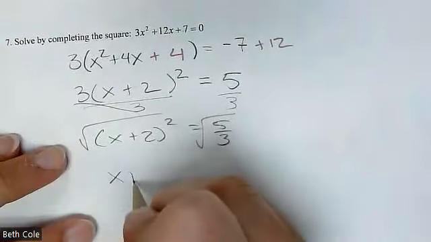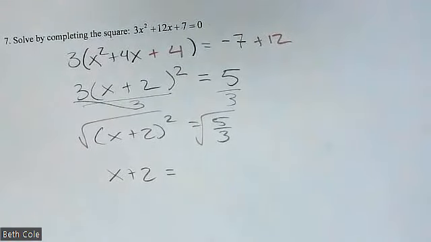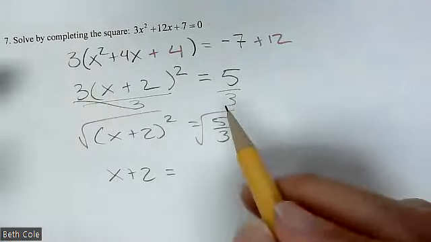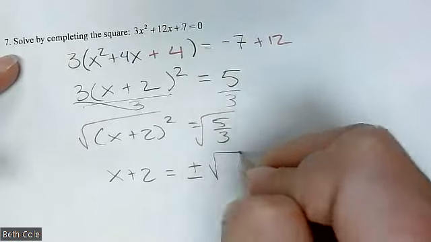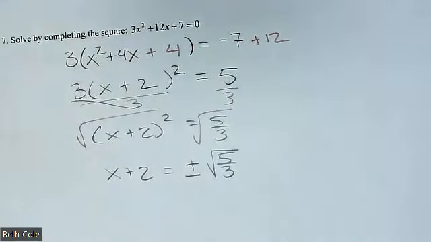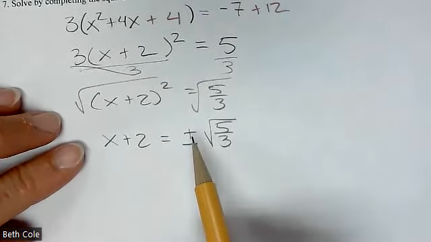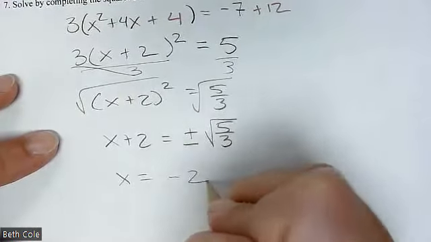So it'll be x plus 2 equals. What do I have to put with the square root? All right, plus and minus. Hey guys, without a calculator, what's the square root of 5/3? Square root of 5/3. And then your last step, -2. And just put the -2 out front.